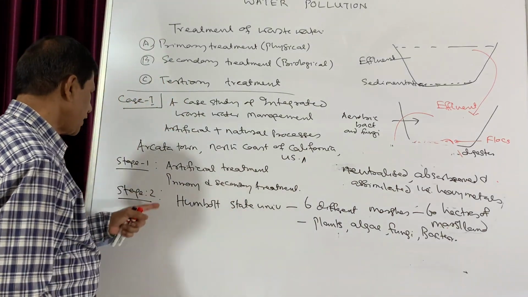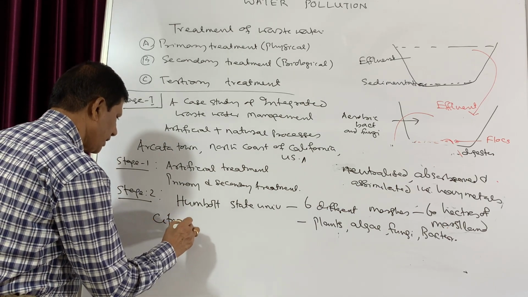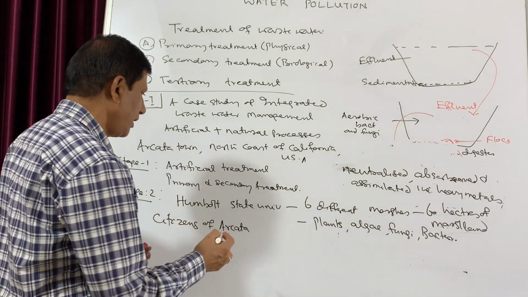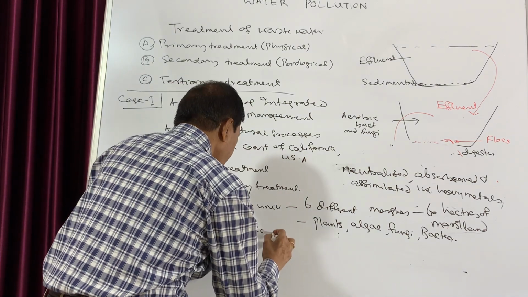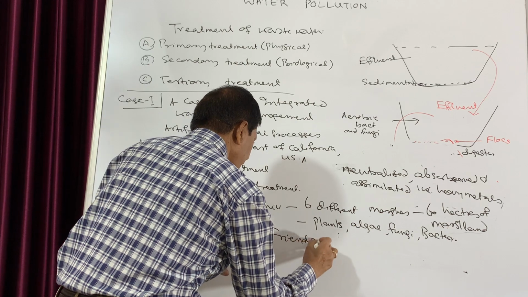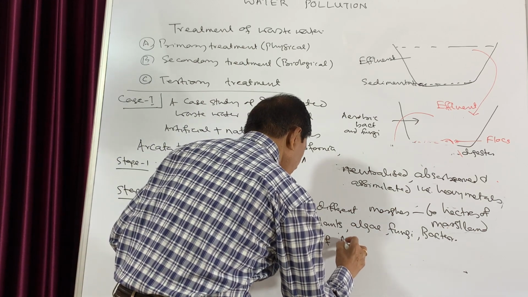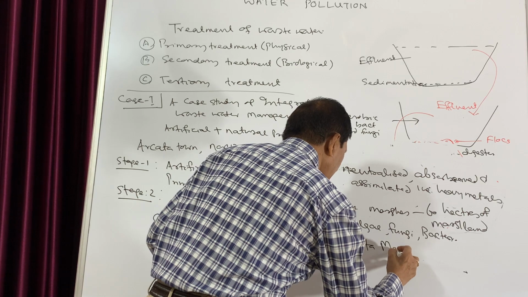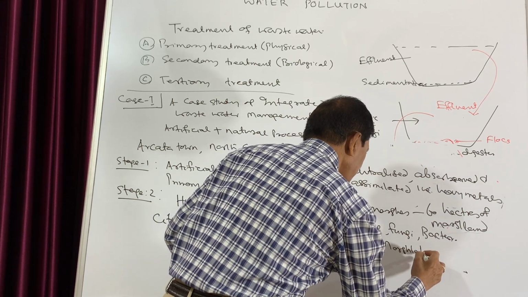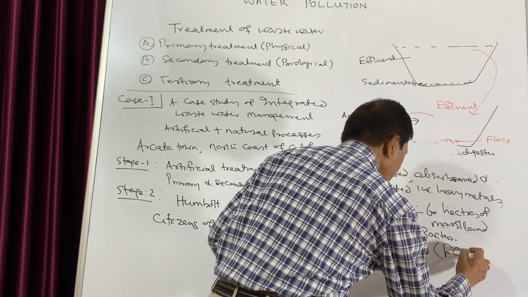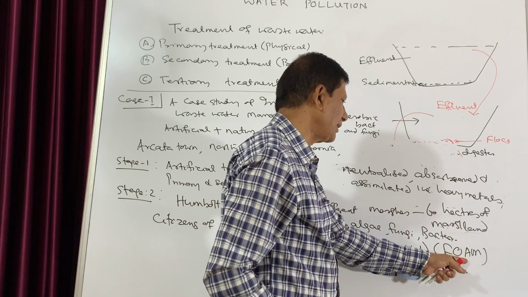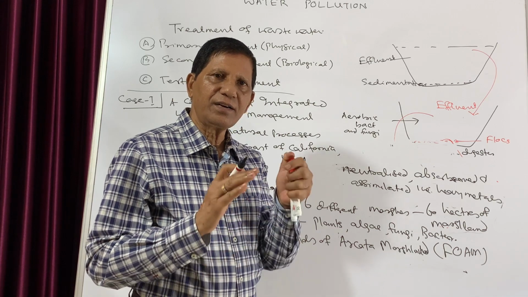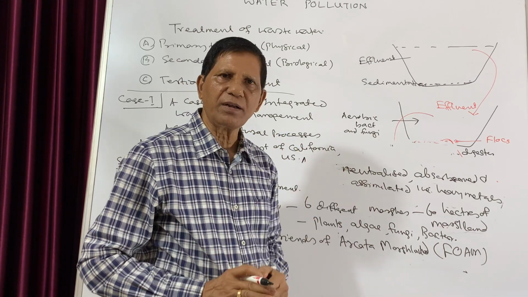Now the citizens of Arcata have formed a group known as Friends of Arcata Marshland, in short FOAM, and they are taking care of and protecting this particular lake.